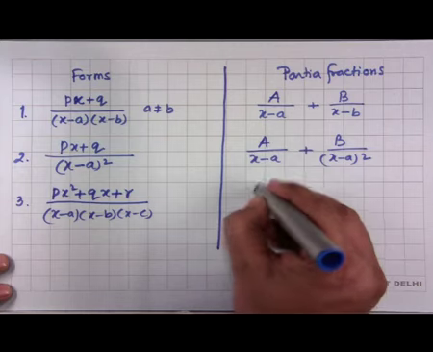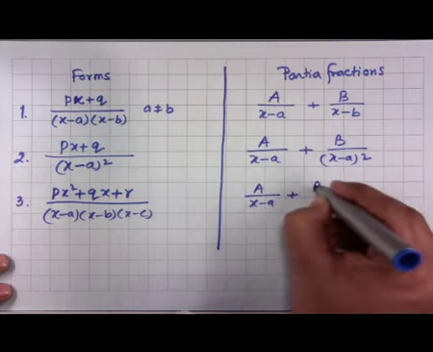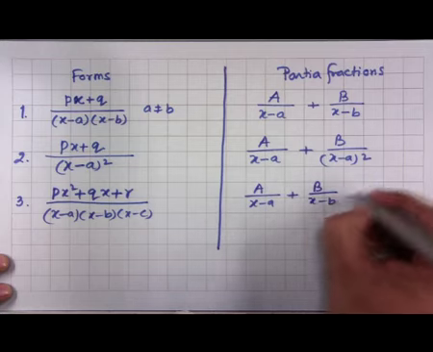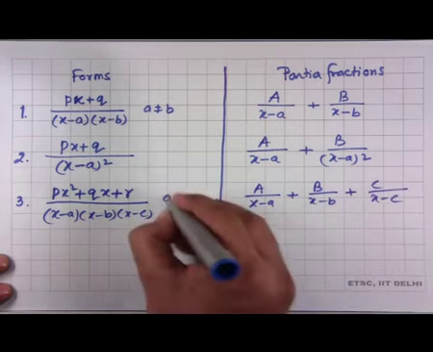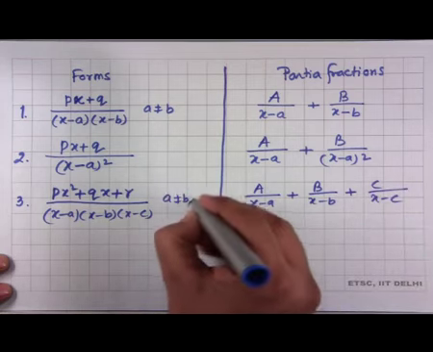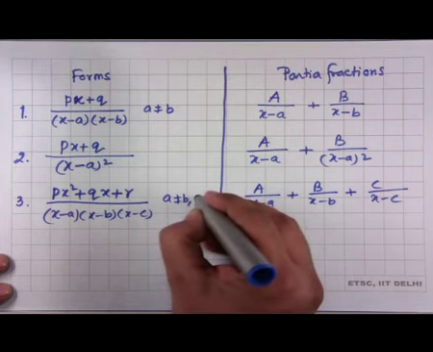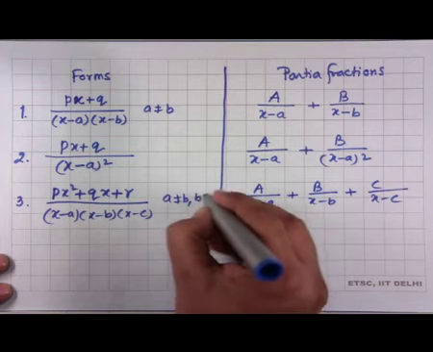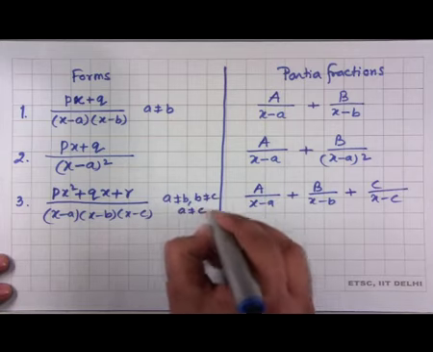Then the partial fraction can be given as A upon x minus a plus B upon x minus b plus C upon x minus c, where none of a, b, c are equal: a not equal to b, b not equal to c, and a not equal to c.